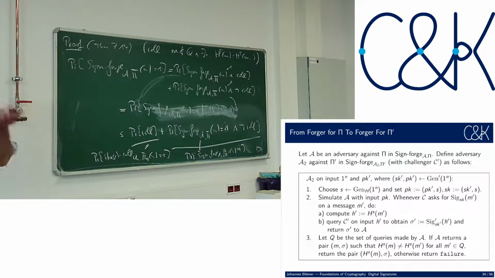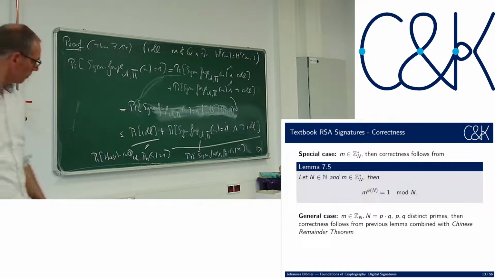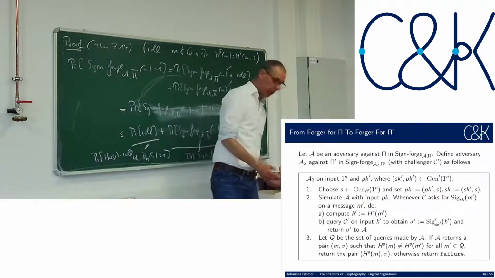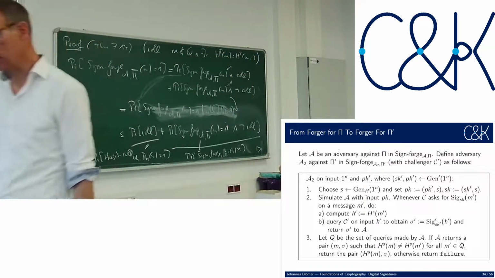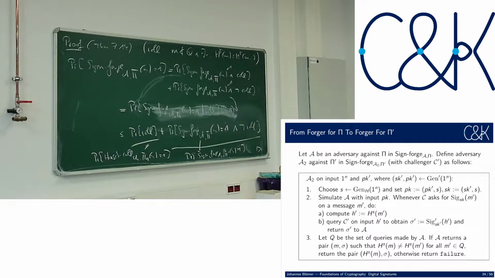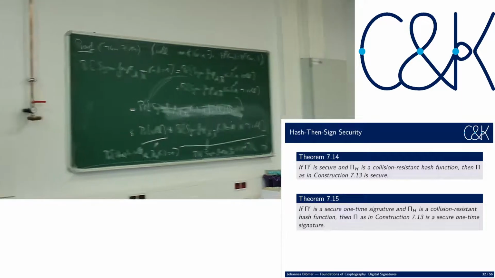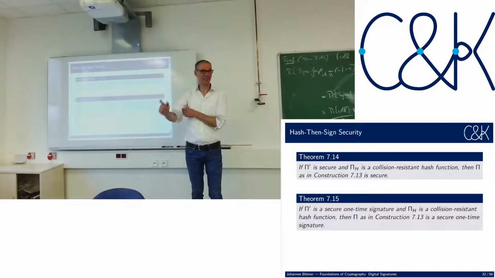So it all boils down to distinguishing between the two types of forgeries that A can generate. Okay. So hash then sign is secure. And you can easily see that obviously this theorem will also be true if we change nothing, just make one query, and that's it.